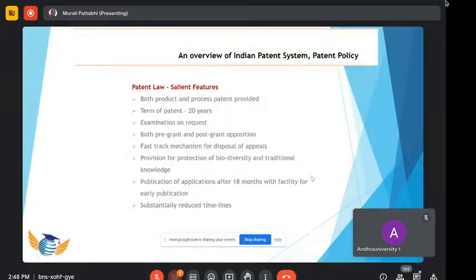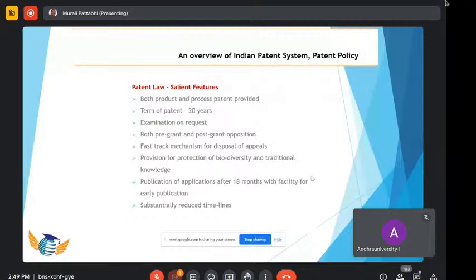So, in order to understand different patent prosecution terms, these are some of the salient features of the Indian Patent Act. We know that we can protect both product and process, and the term of a patent is 20 years from the date of filing or from the priority date.